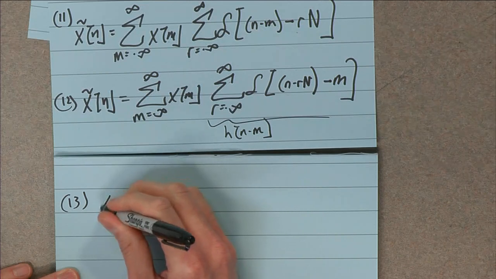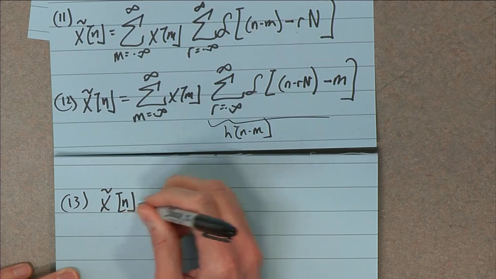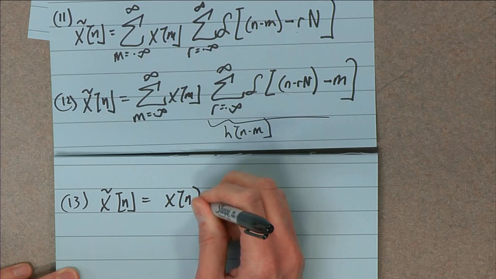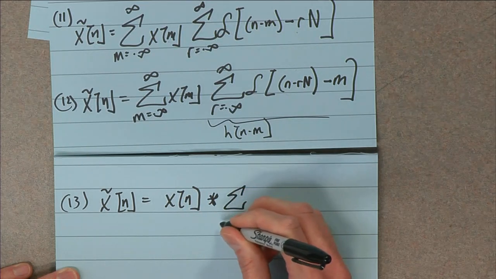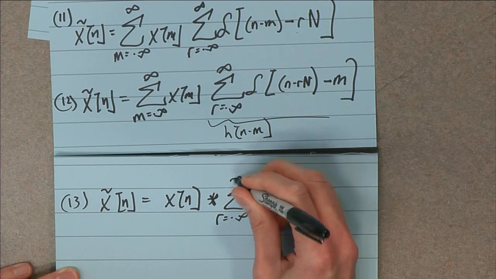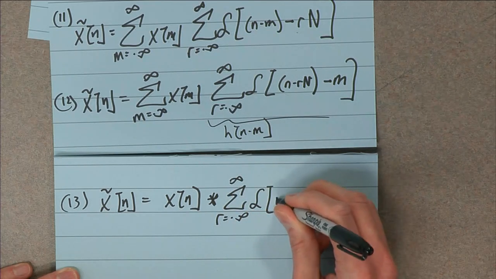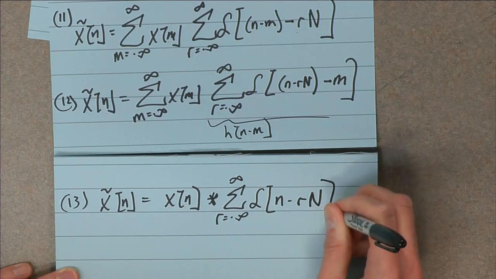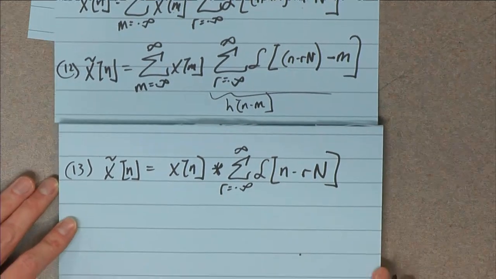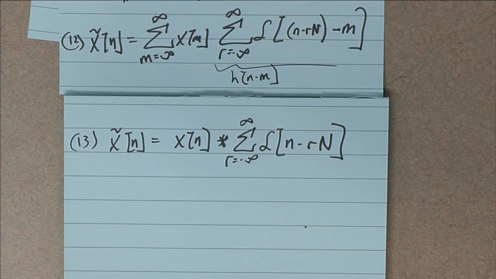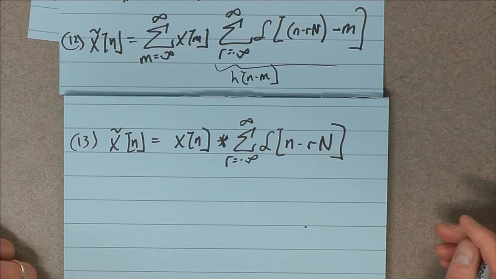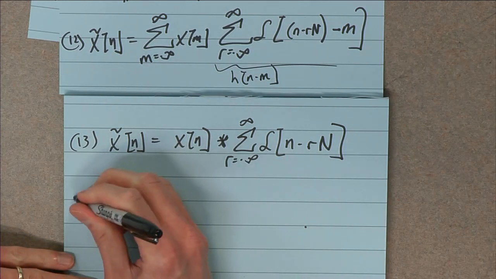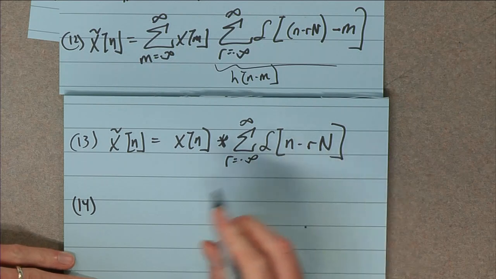So we've got x tilde of n is what? It's x of n convolved with this impulse train that's separated by N samples. And our final maneuver is that we can simplify this. Convolving with delta functions is easy. It's always been easy. So we'll just go ahead and substitute x of n into that.